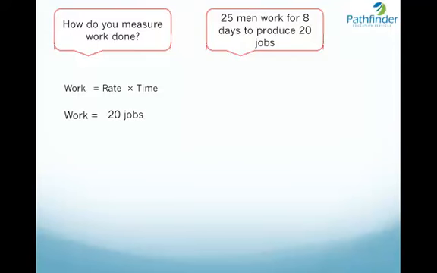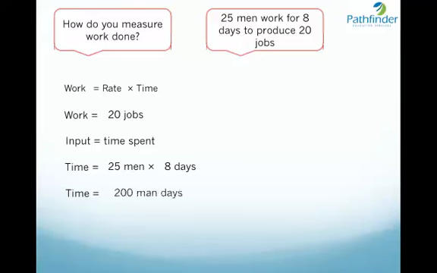So work is equal to 20 jobs, and input, that is the time spent, must be equal to the output, that is 20 jobs. So time spent is equal to 25 men, each of the 25 men spent 8 days. So 25 into 8, the total time spent is 200 days.